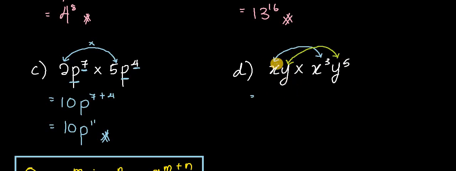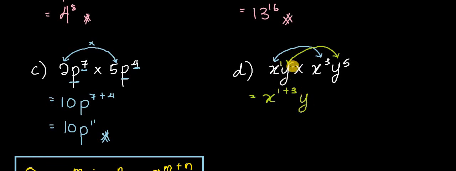So try to separate them first. Here, X, even though the question did not put any power, the invisible power is 1. So for the first one, I know X to the power of 1, and there's a times here, and here is X to the power of 3. So times, I know I'm going to add my powers. So here I'm going to do plus 3, alright. And then I have a Y here.